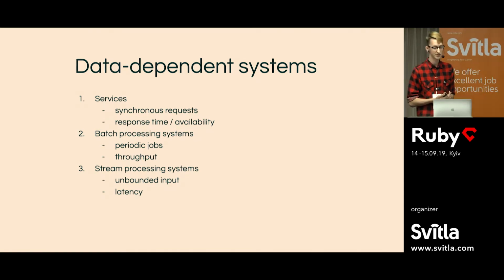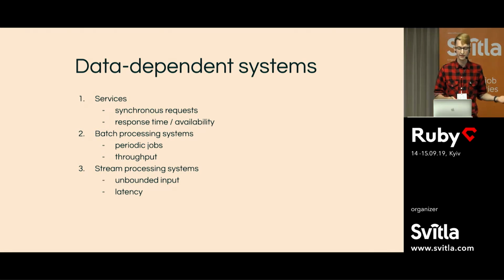Secondly, we have batch processing systems, also known as offline systems. Such a system takes a large amount of data, runs a job to process it, and produces some output. Jobs often take a while, from a few minutes to several days. So in most cases, there is no user waiting for the job to finish.